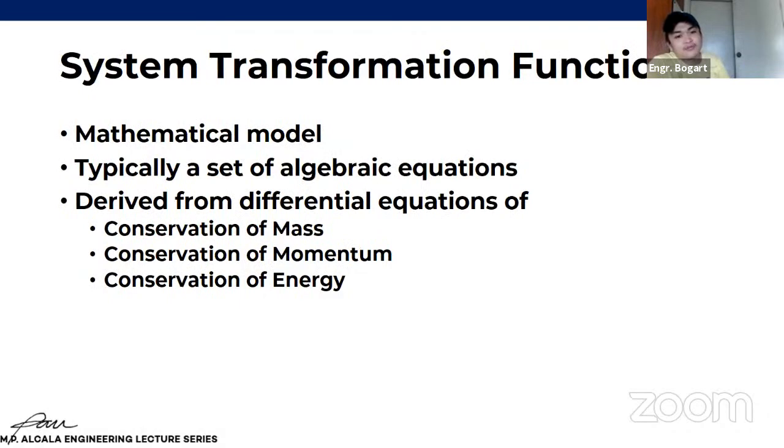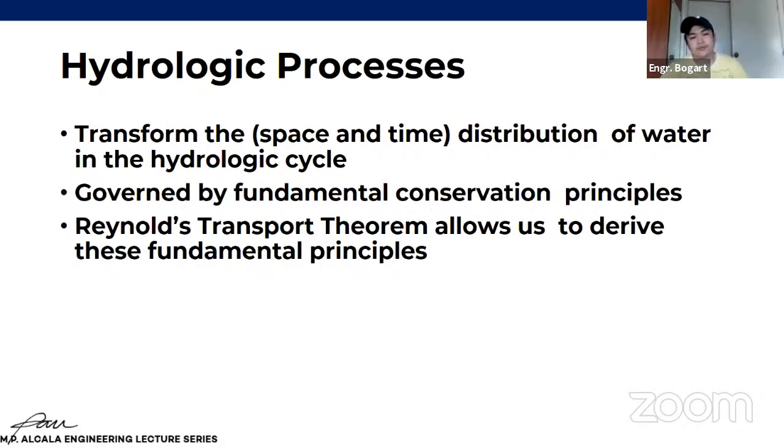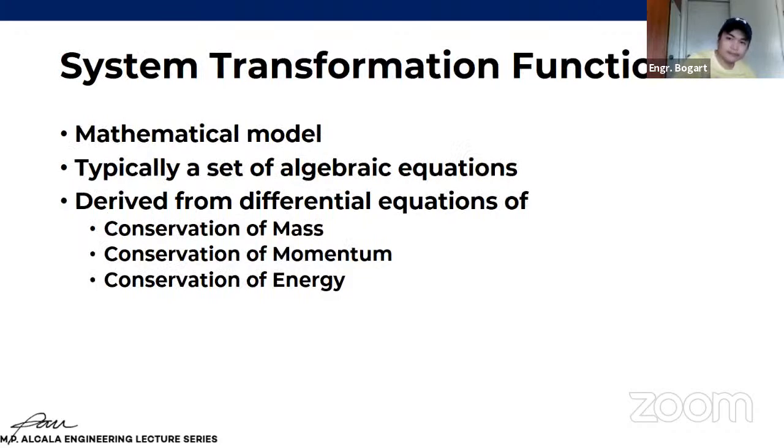So, transformation functions basically derive from the three differential equations of the following: conservation of mass, momentum, and energy. The good thing about hydrologic process is that the distribution is governed by the properties or the fundamentals of the earlier equation. Matter is neither created nor destroyed, same with energy, and any object acted by an external force accelerates, right?